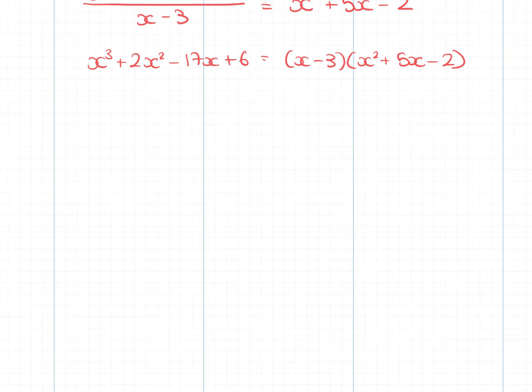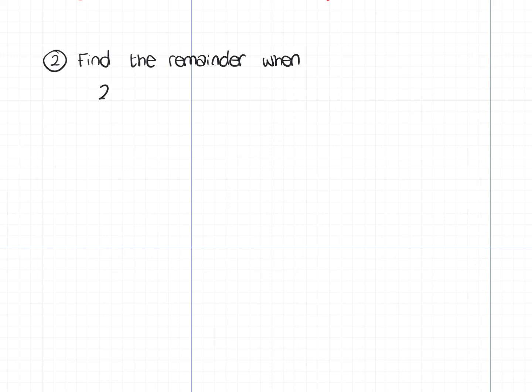Okay, second example then. For this example, it's slightly different. This time we're just going to find the remainder when 2x cubed minus 5x squared minus 16x plus 10 is divided by x minus 4.